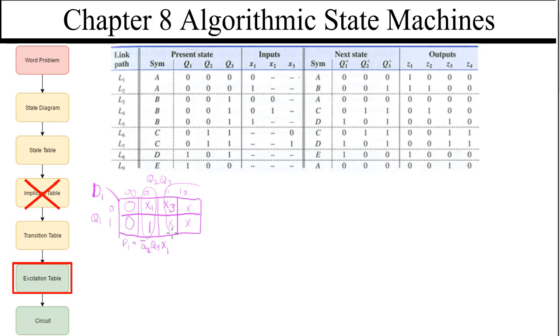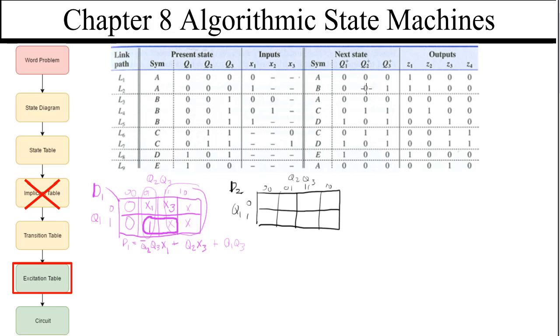Now we can make a party of these guys, or Q2 X3. And then finally, we've got one right here that's going to be, Q2's changing its mind, Q3, so it's going to be Q1, Q3.